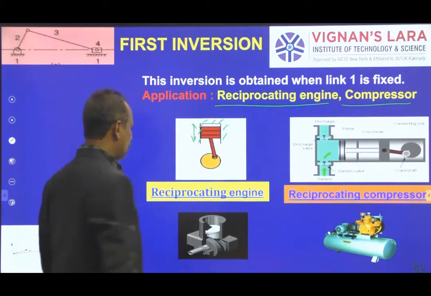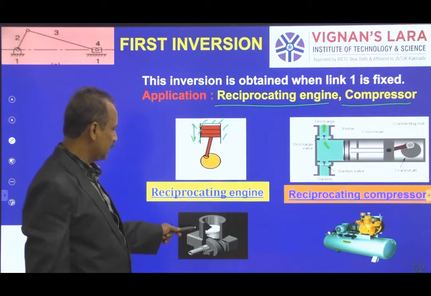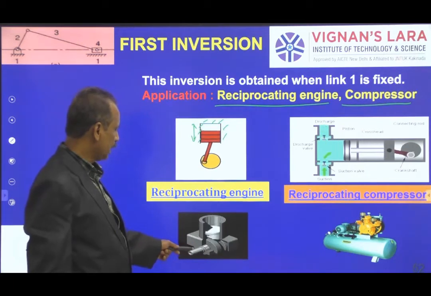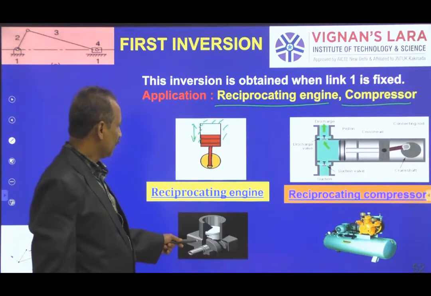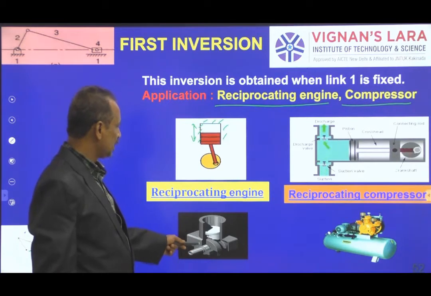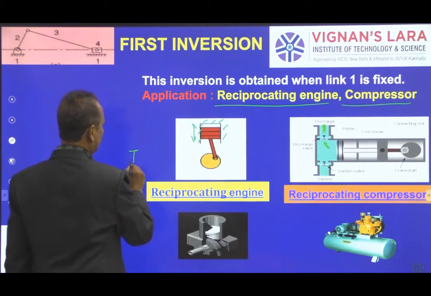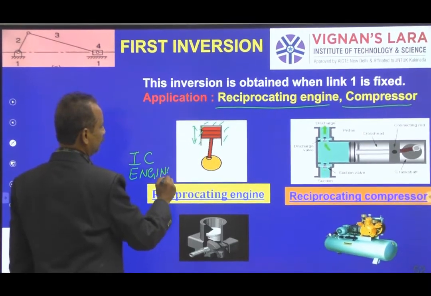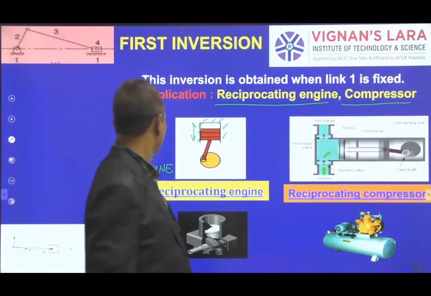The same thing you can observe in an IC engine: the piston, cylinder and crankshaft, taken as a single link. This conversion of rotary into reciprocating motion is a reciprocating engine, or IC engine, internal combustion engine.